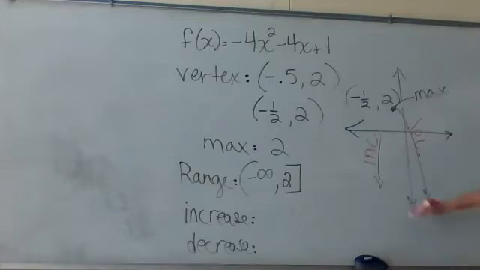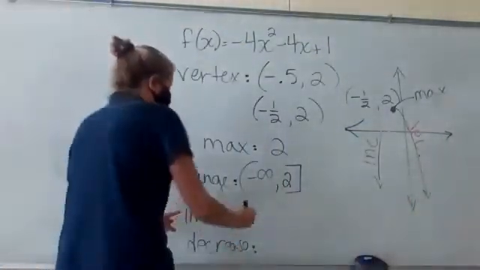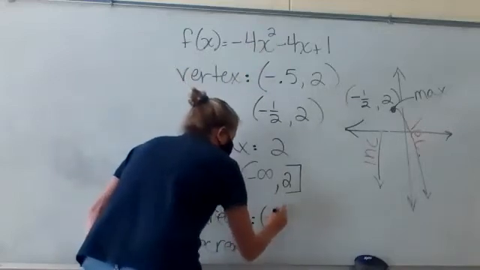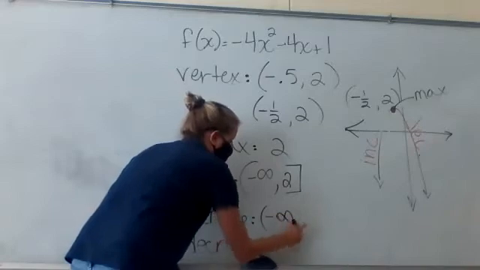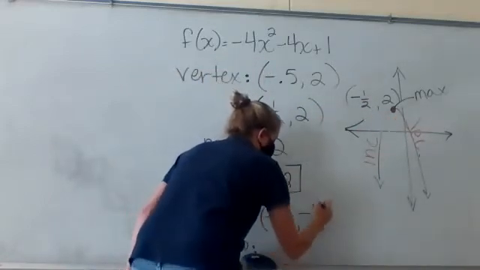So I am increasing until I get to this point, which means I am increasing coming from negative infinity from the left till I get to this point. So that negative 1/2 is where I stop increasing. So I start increasing at negative infinity until I get to this point, so I increase to negative 1/2.